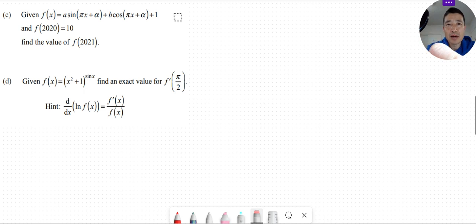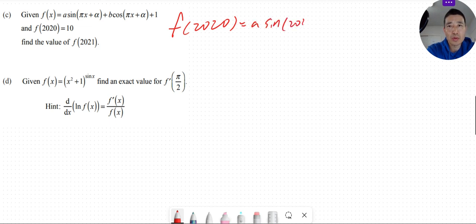So I'm gonna rewrite f 2020 equals a sine 2020 pi plus alpha plus b cosine 2020 pi plus alpha plus 1.